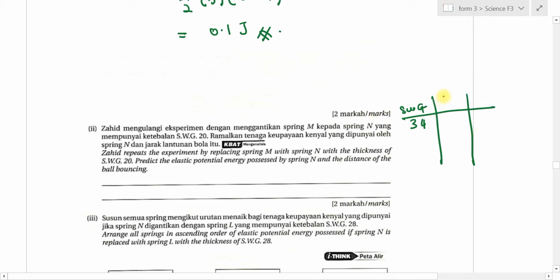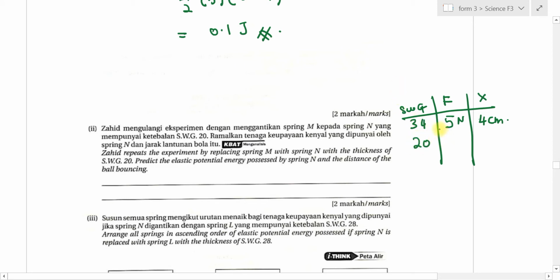SWG is here, force is here, and x is here, the distance of ball bouncing. So if I use 34, the force was 5 Newton, and the distance was 4 centimeter.